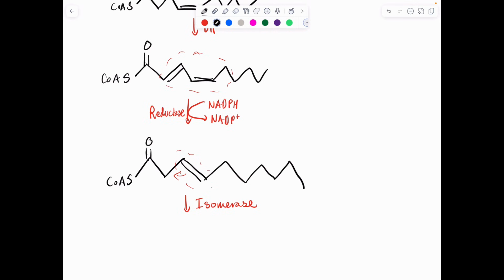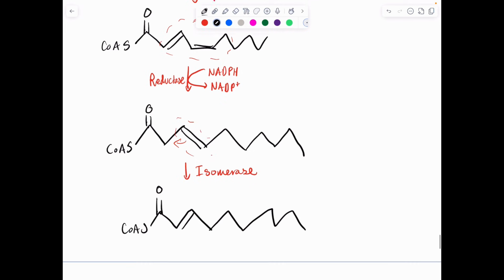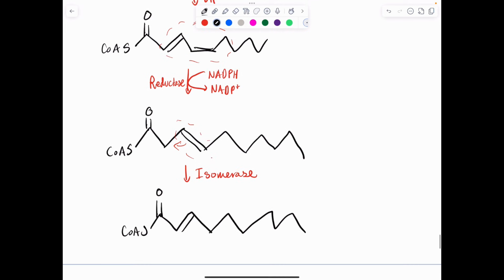And we're going to end up forming a molecule that looks like this. And so you will now have your trans double bond in the correct place. You can continue doing beta oxidation, and you will end up degrading it all into acyl-CoA.